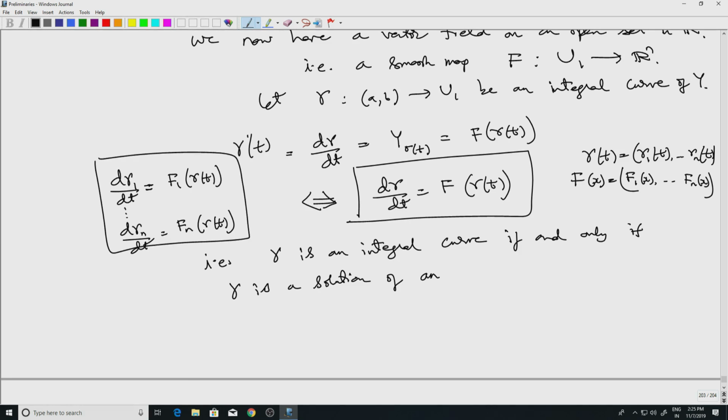So in effect we have a system of n ordinary differential equations, and gamma is an integral curve if and only if gamma is a solution of this ODE system.